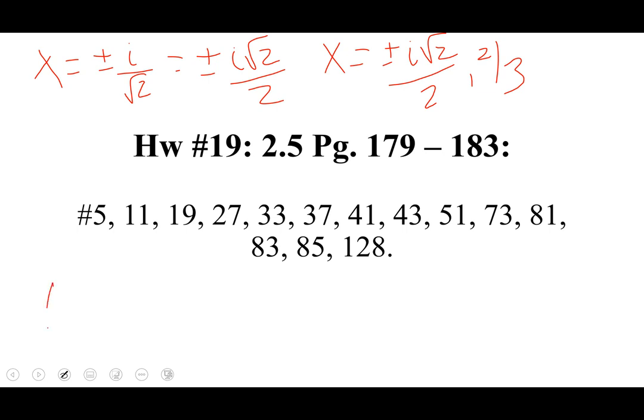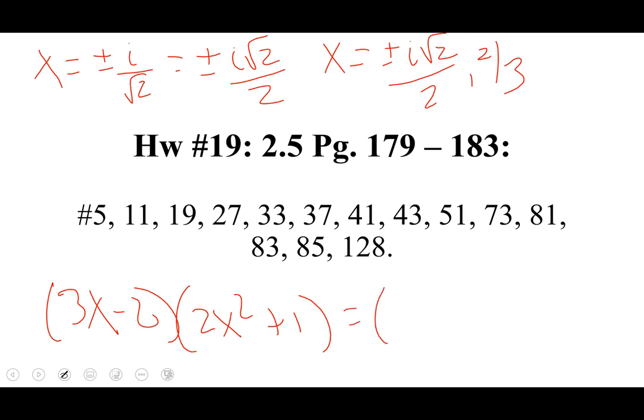My factorization, if I said do it over the real numbers, would be 3x minus 2 times 2x squared plus 1. And if I asked you to factor it completely, it would be 3x minus 2 times x minus i radical 2 over 2 times x plus i radical 2 over 2.